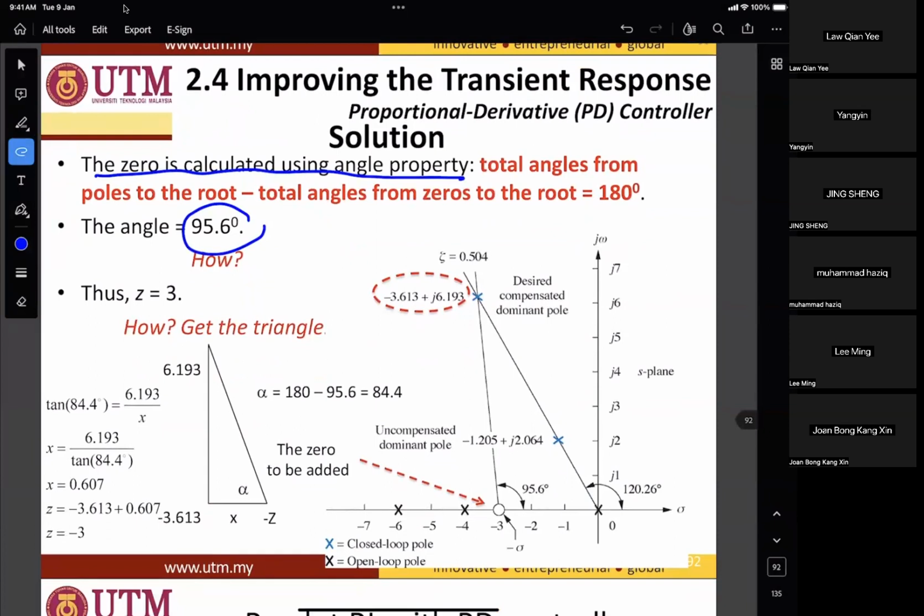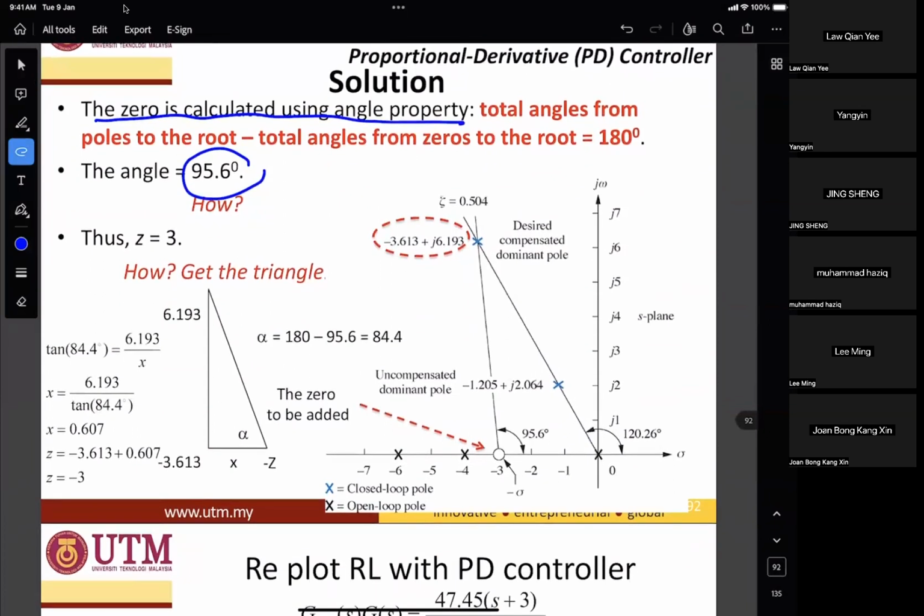How I get it is I'm using the Pythagoras theorem, triangular. Tangent 84.4 equals 6.193 divided by x. Let's say the distance between the zeros and the dominant pole is x. x is equal to 6.193 divided by tangent 84.4.